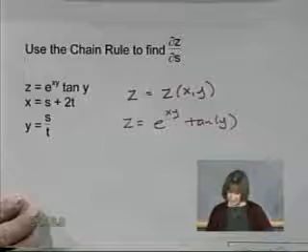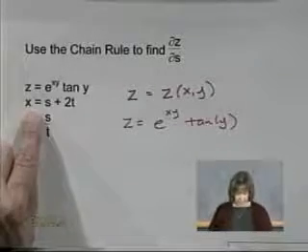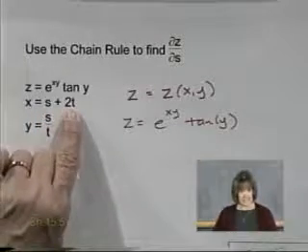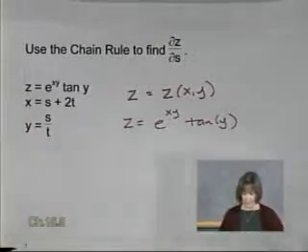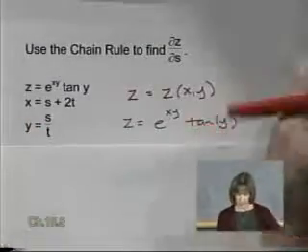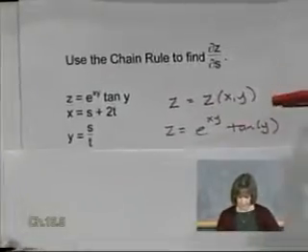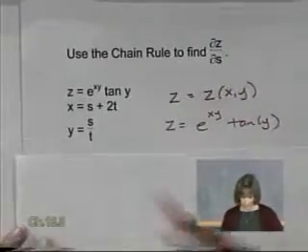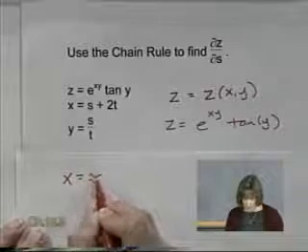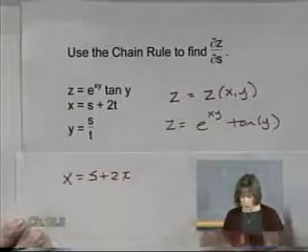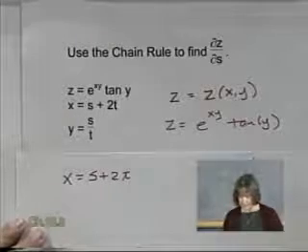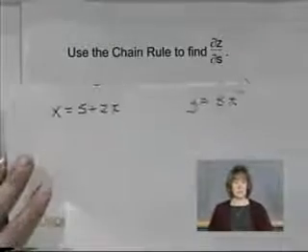Now notice, x is a function of s and t, and y is a function of s and t. All right, if I write them out, which I will right here, we have x is equal to s plus 2t, and y is equal to s over t, which I prefer to write as st to the negative 1 for differentiating.